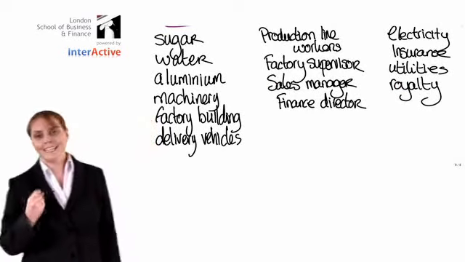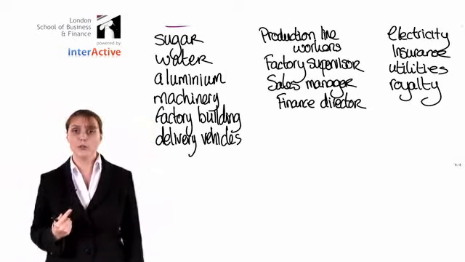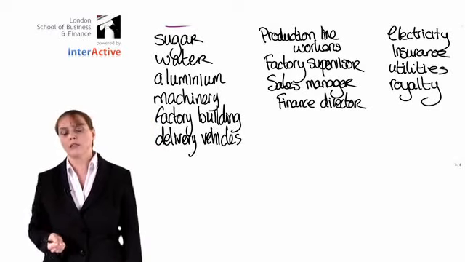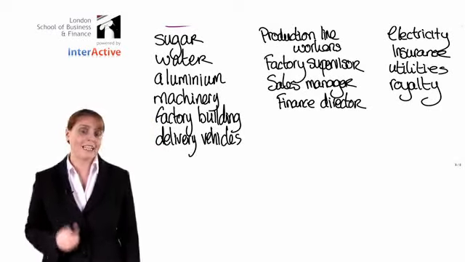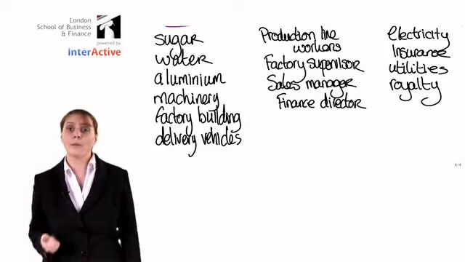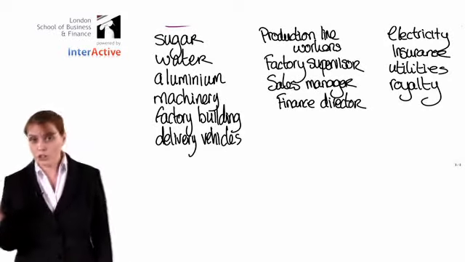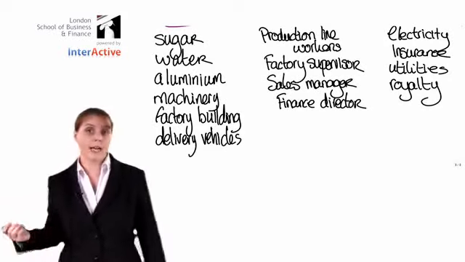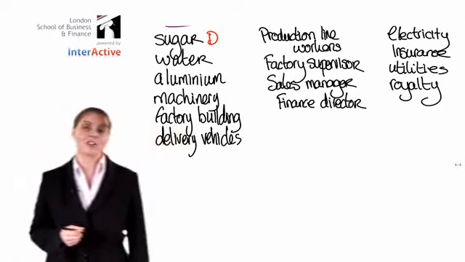Can we easily link our sugar costs to the production of 1 unit or 1 can of cola? Well, I would argue, yes, we can. We know exactly how much sugar goes into each can of cola, and we know how much we pay for that sugar. So we do know what the sugar cost is per can of cola. Therefore, this will be a direct cost.